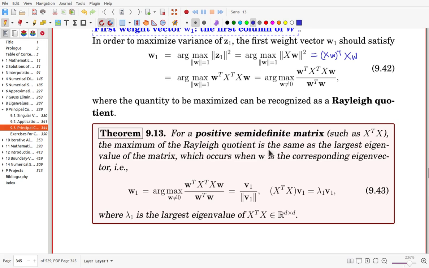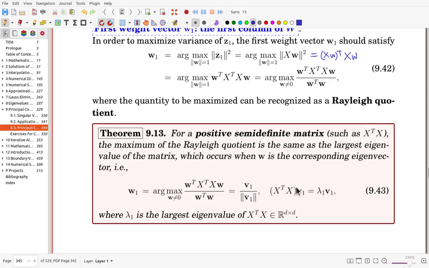This quotient is the same as the largest eigenvalue of the matrix, which occurs when W is the corresponding eigenvector. That means W1 is a scaled V1, the eigenvector corresponding to the largest eigenvalue.